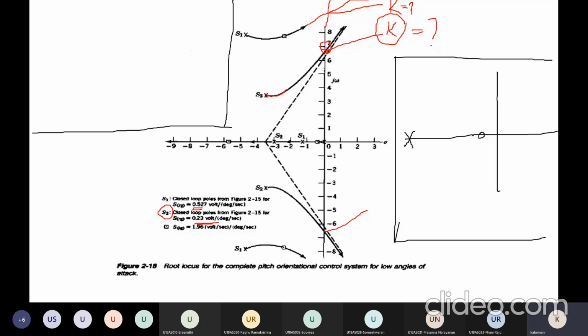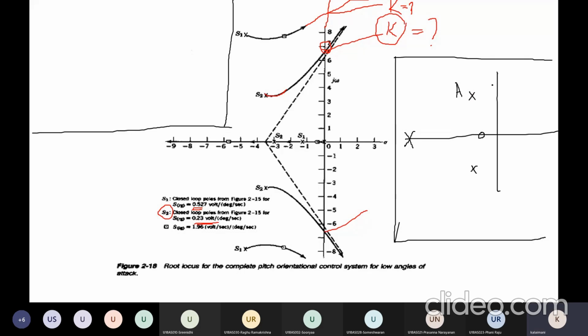Then here I have one pole, the same I have here. Okay, so this is your complex pole. For this pole I have to find out the angle of departure. This pole I designate A.